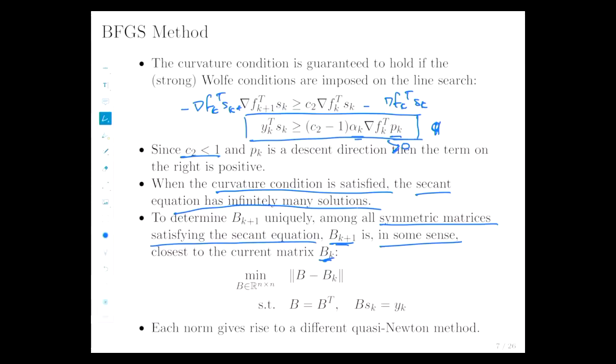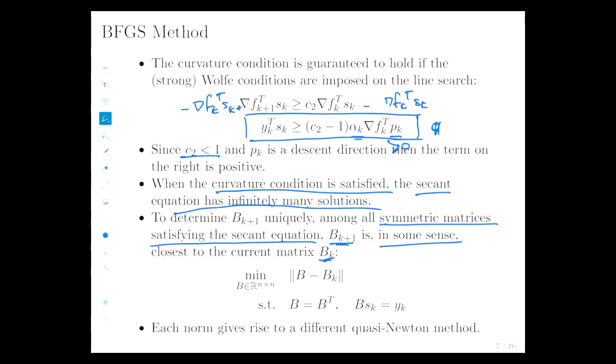If I come up with a guess for the Hessian and I move a bit, the intuition was that my approximation of the Hessian shouldn't change too much. So let's find something that is close to my previous approximation, satisfies the second equation, and is symmetric.